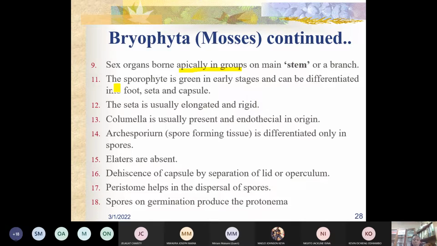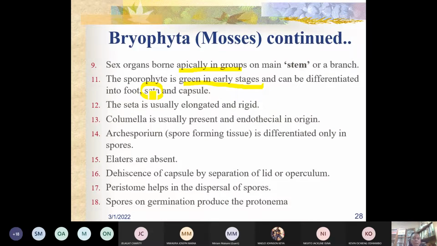Now we come to the sporophyte. The sporophyte is green during the early stages, and it can be differentiated into foot, seta and capsule. So remember in the previous one that we've just looked at, the hornworts, we didn't really have a seta. We just had meristematic tissues.